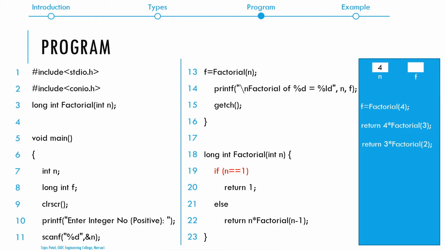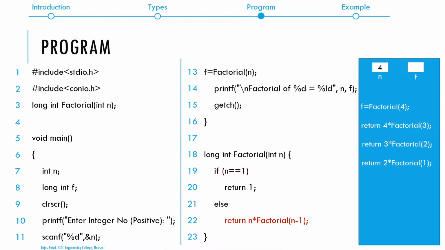In this situation, again the condition will be checked 2 is equal to 1, which is false. So we will again execute the statement return n into factorial n minus 1, which will result in return 2 into factorial 1, which again contains the call factorial 1.